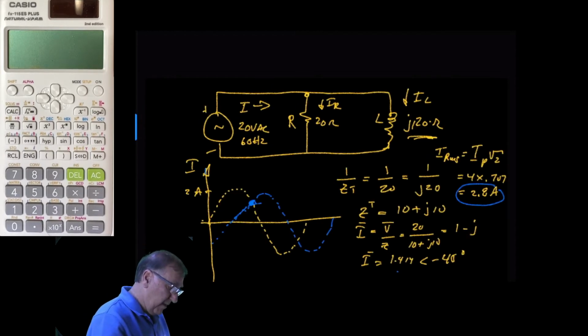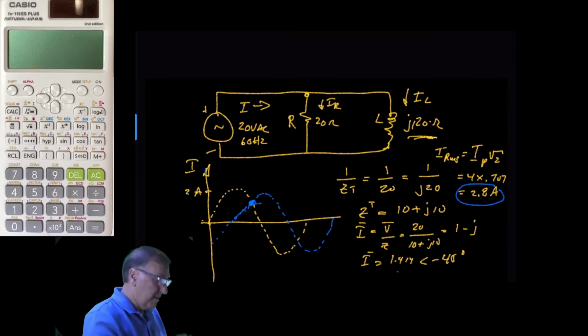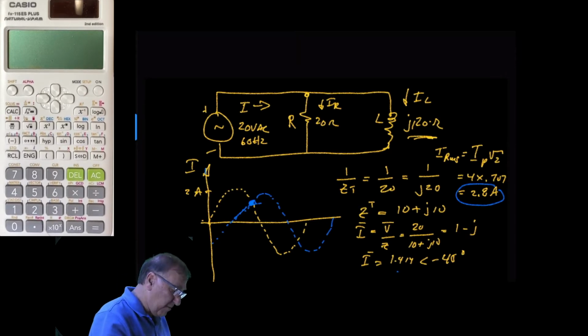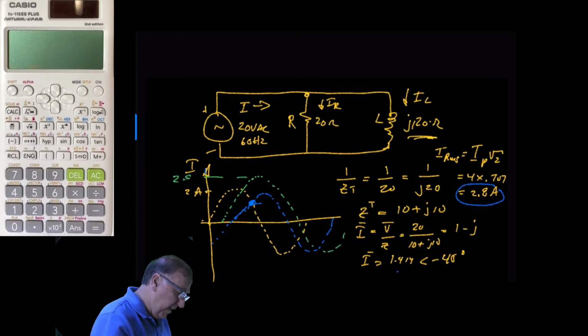When we go to this case, they're out of phase by 90 degrees, and so we would never get up to 4 amps. Instead, it would look something like this. It would be a wave that would start here, still be a sine wave, which would be the sum of the two, and that would go up to only 2.8 amps.